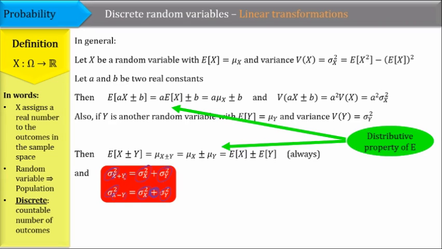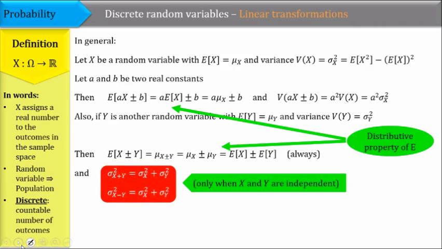So it doesn't matter whether we take x plus y or x minus y, we will add the two variances together. However, this is only true when x and y are independent. It is not true when they are dependent. So always check to see whether you are told that x and y are independent. If they are, then you can directly add the two variances together.